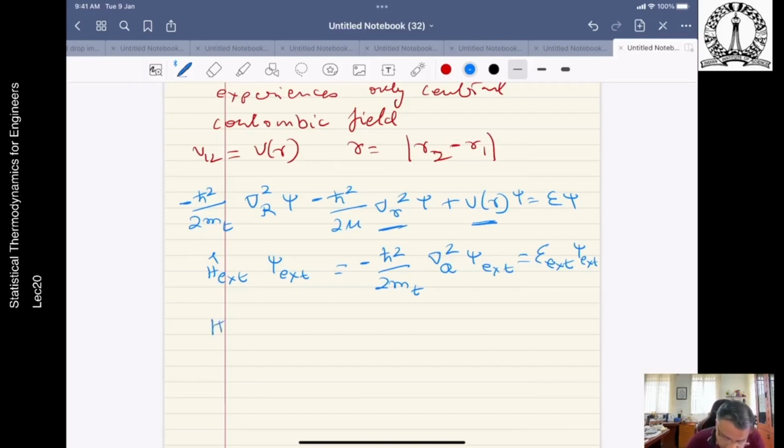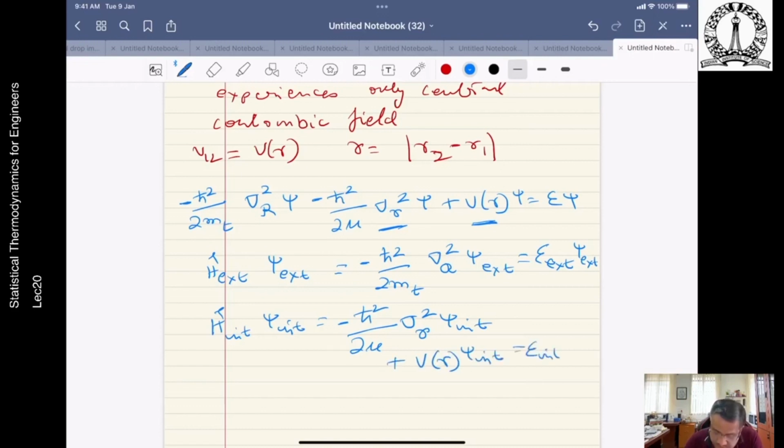And internal, H internal psi internal will be equal to the reduced mass mu. This time it will be the small r, that is the separation. Psi internal is equal to plus, now you have the V(r), which is the internal potential, internal energy times psi internal.